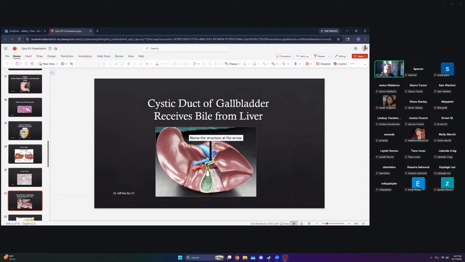That's why people can typically have their gallbladder removed without a significant impact on overall health, because it's, I don't want to say just, but it's a storage facility for extra bile.